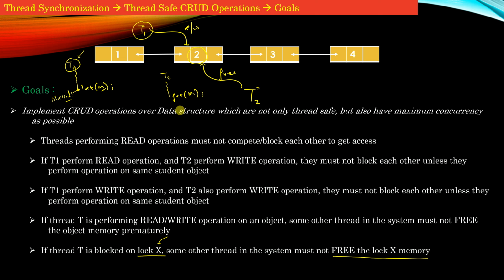Your program may crash, it may segment fault, it can end up anywhere. So it simply means that while the mutex M is locked, no other thread in the system must destroy that mutex. So we are going to design our CRUD operations such that all these rules are strictly followed.